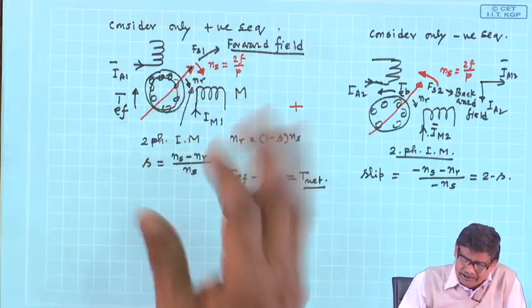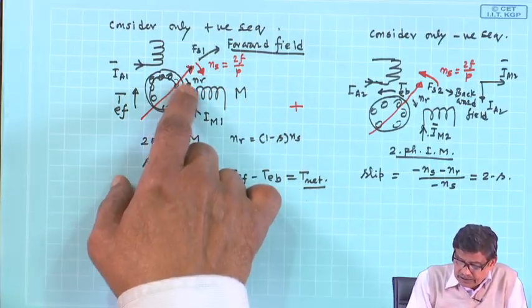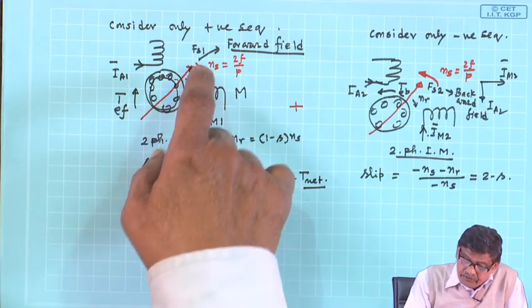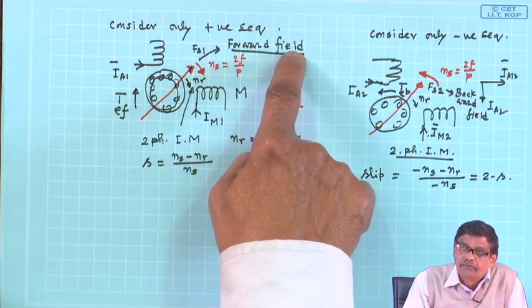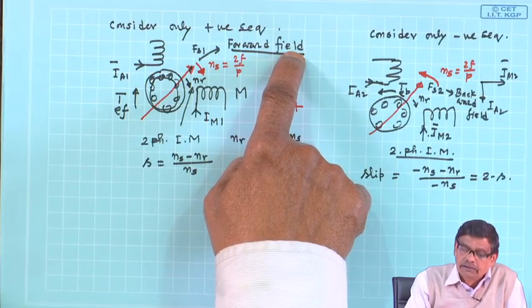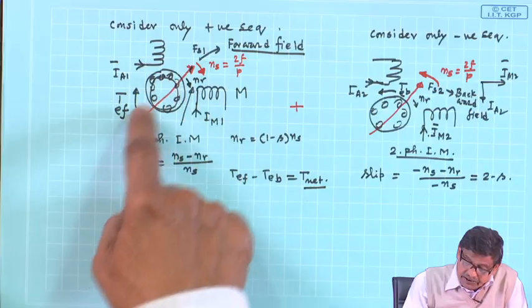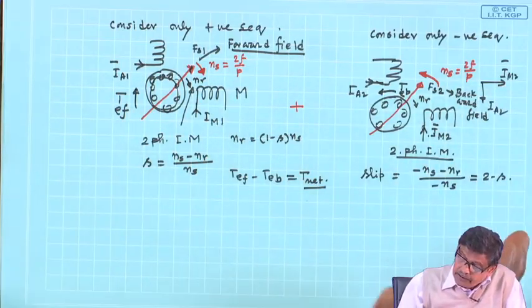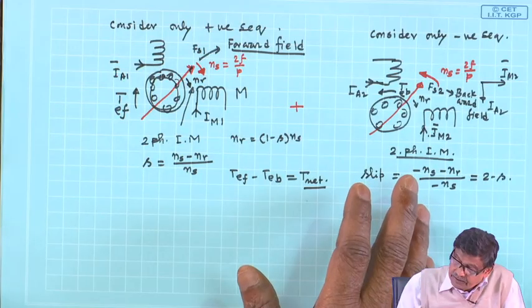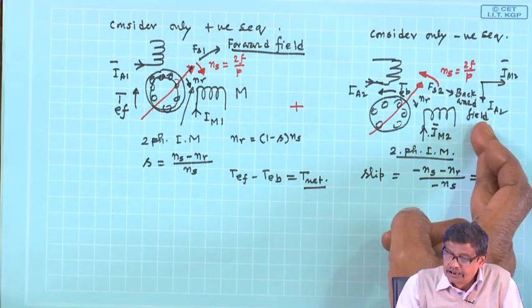and I have also assumed some rotation of the rotor arbitrarily. Okay, let us assume it is moving at some speed n r in the clockwise direction. The field which is also in the clockwise direction, I have given it a name called forward field, and electromagnetic torque will be in the direction of the forward field. Similarly, these two will produce a rotating field, but the main winding current leads auxiliary current.